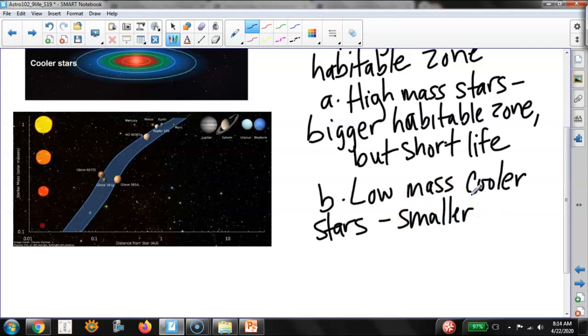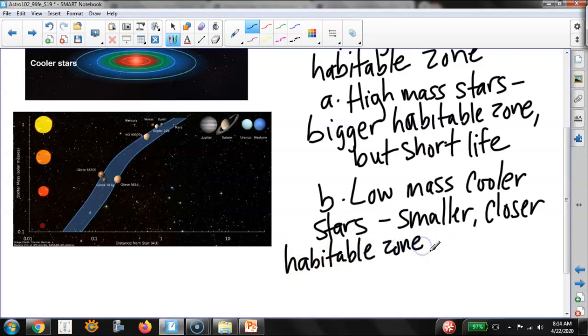They're also closer to the star. As you can imagine, it's a cooler star. The habitable zone sort of creeps in a little bit. So smaller, closer, habitable zone. But they live for a long, long time. So that's a really great thing.